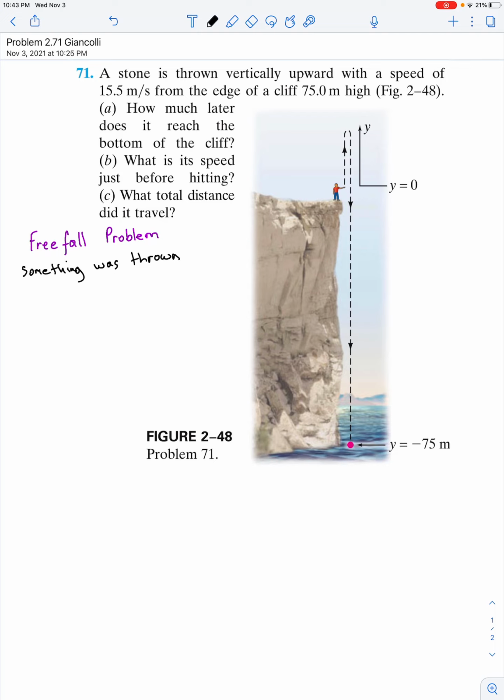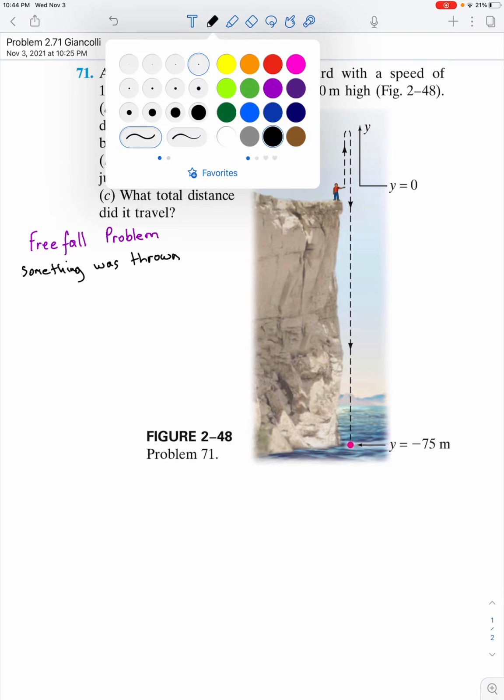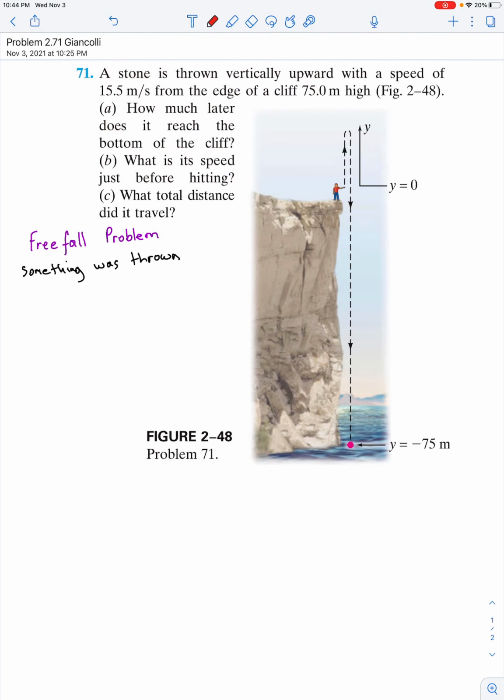As long as something is moving through the air and you're ignoring air resistance or wind resistance, and there's no parachutes or no rockets attached to it or anything, then it's in free fall, okay? Now, whenever you get these free fall problems, in later chapters, you're going to have two-dimensional free fall problems. This is a one-dimensional free fall problem.